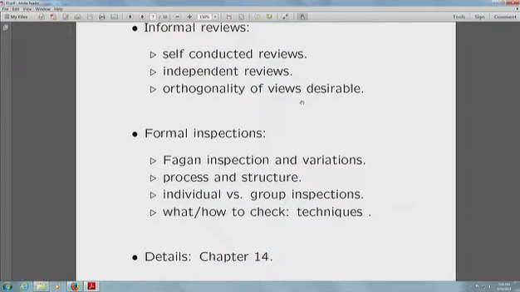They found that the number of defects detected through inspection, most of them come from individual inspections, not from the group. The group really confirms some of the things, and collectively, sometimes you also find some problems, but not as much. Because of that, some people say, let's forget about the inspection meeting.